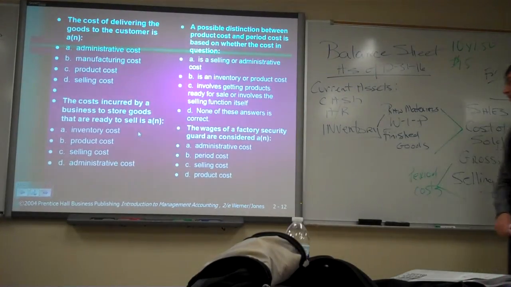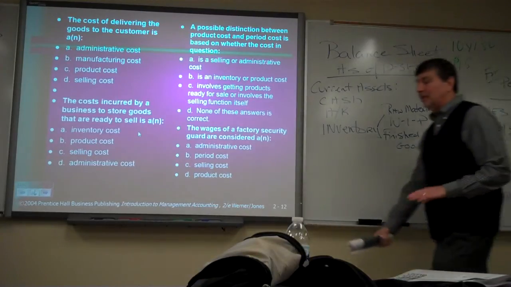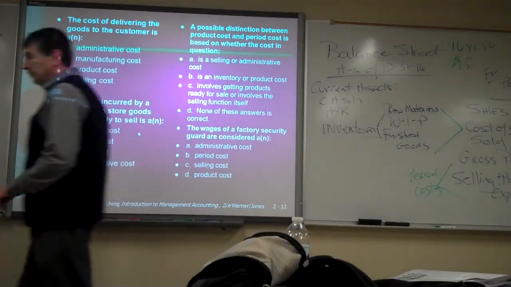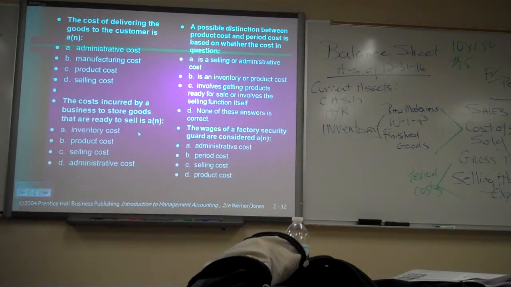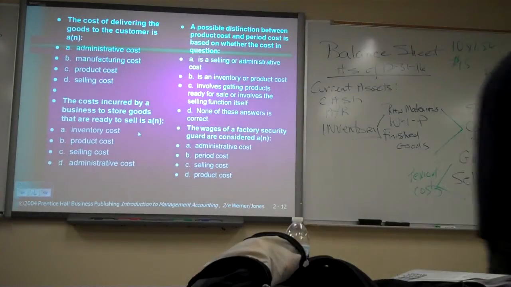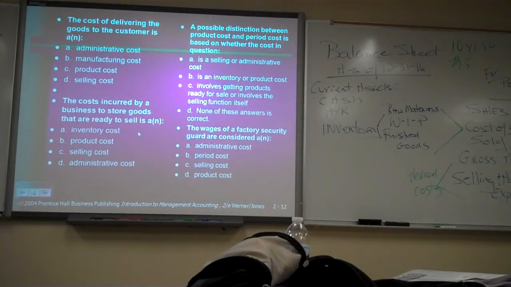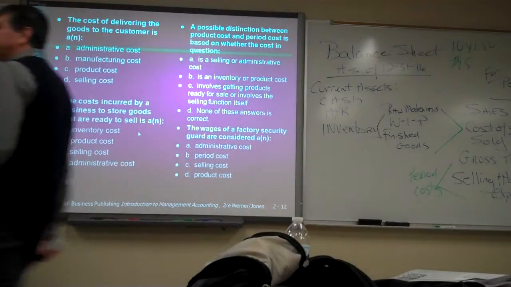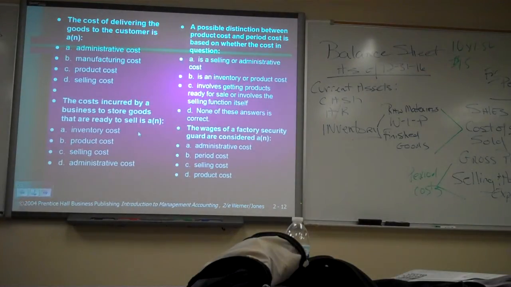If they're just sitting there waiting to be sold, that's an administrative cost.